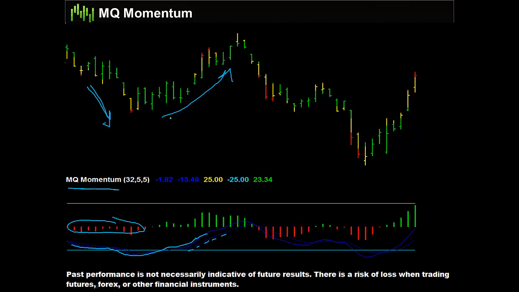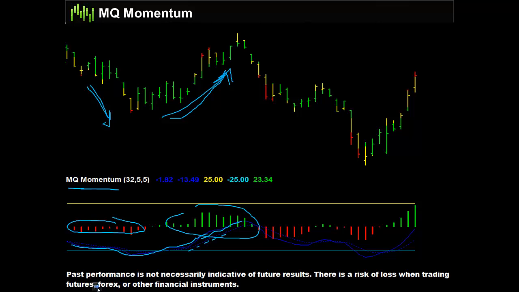When we have price action that is bullish and momentum is bullish, we have the green histogram bars, and usually the slope of the indicator line is positive and moving up. So this way you can see that MQ momentum provides a real-time, clear view of both the direction and the strength of the price momentum of a market.